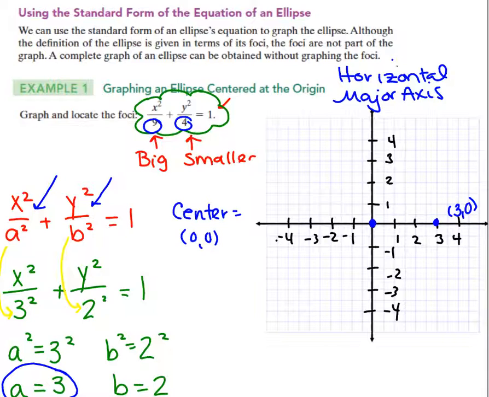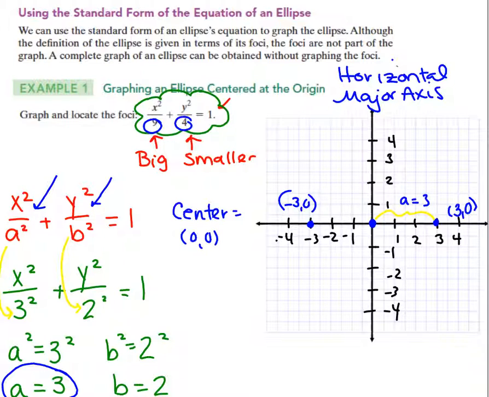So from here to here equals 3. Now I'm going to go in the opposite direction. I'm going to go backwards 3 units. So there's my other vertex. The distance from -3 to 3 is a length of 6. That's the major axis length, which is 6 units.